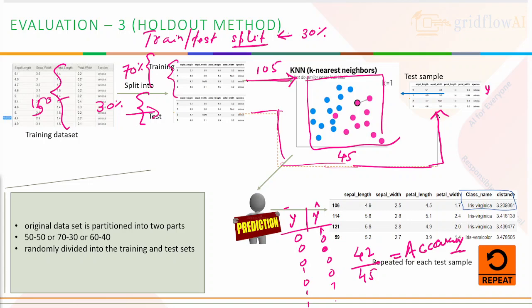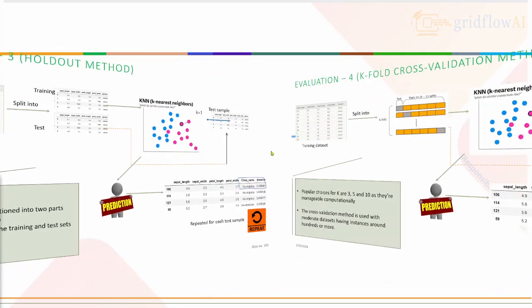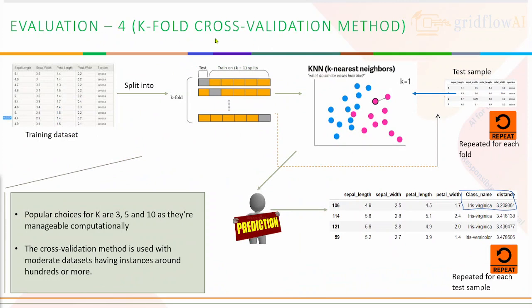So now let's see one more method, and that's called k-fold cross-validation. This is again one of the most popular and also computationally very heavy splitting methods. So in this, what we do is somewhat a combination of leave one out and train test split.